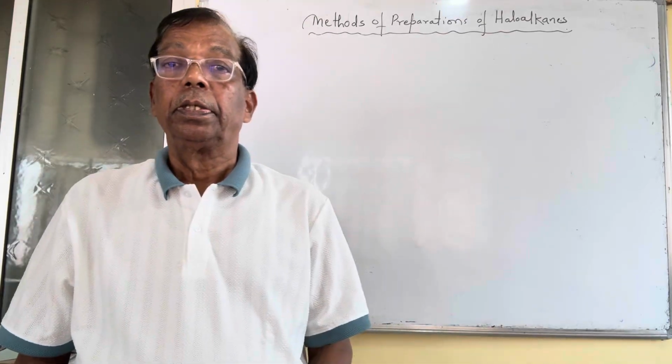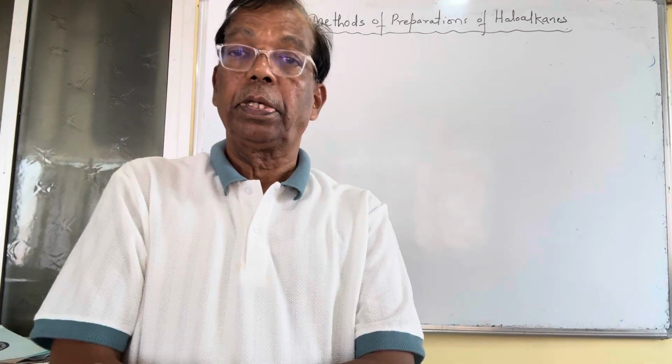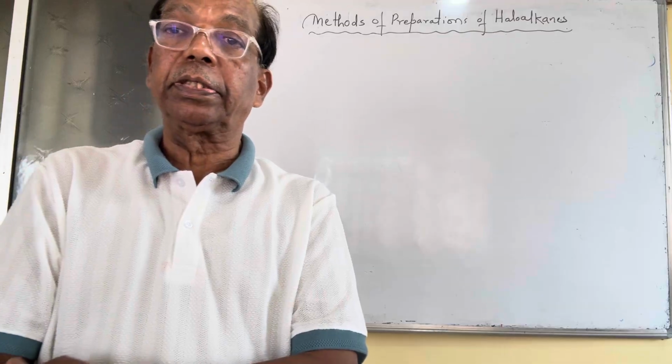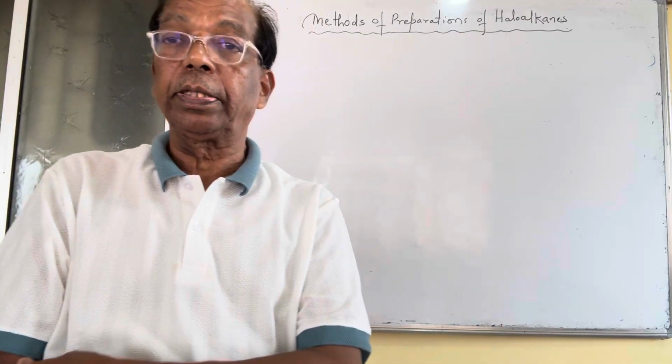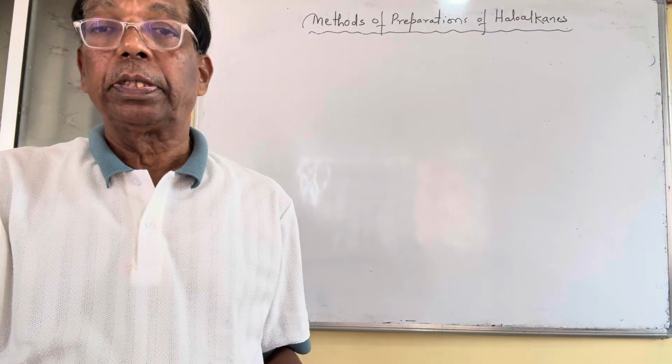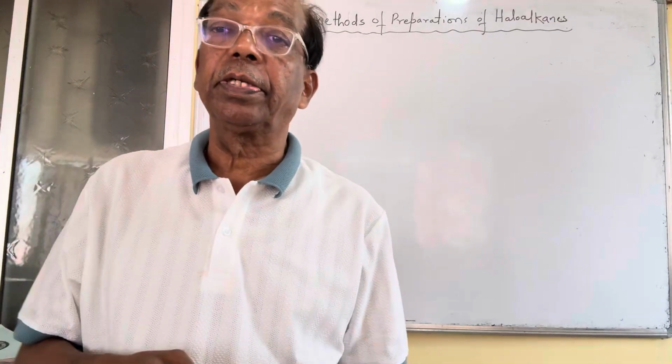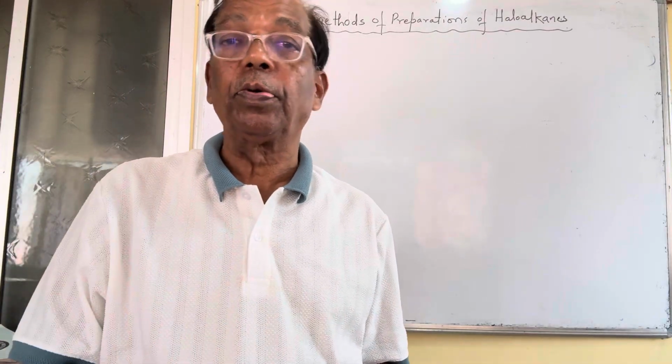So students, today's video I am going to explain to you all methods of preparation of haloalkane which I have earlier done. So in continuation with the methods of preparation, today I will explain more.